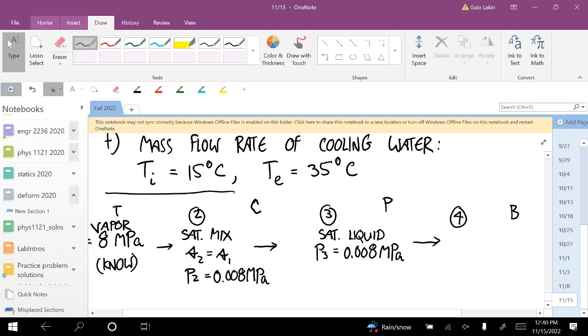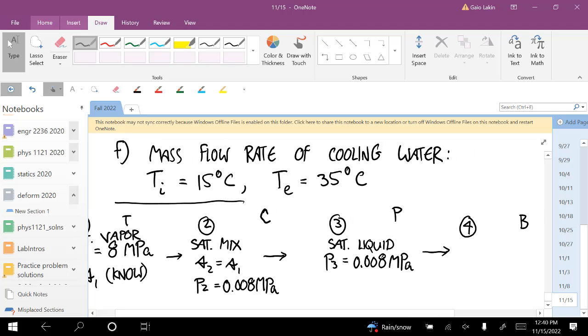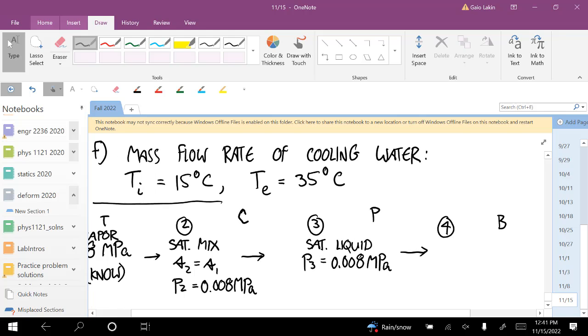And then state 4. What do we know about state 4? We know that that is a compressed liquid. Let's know the power output.